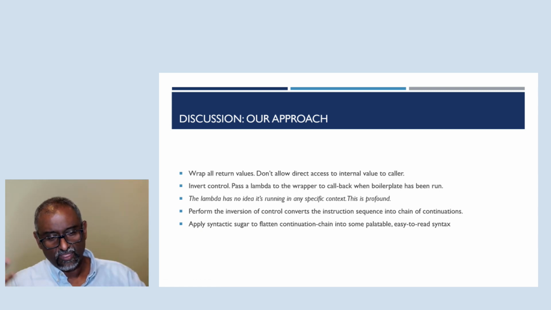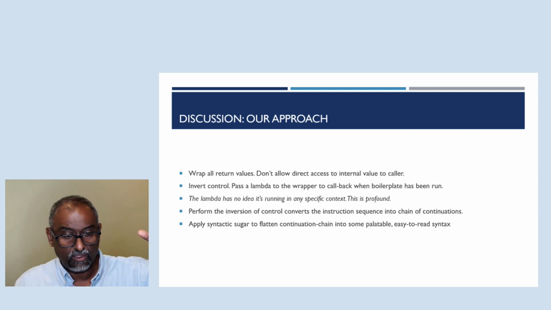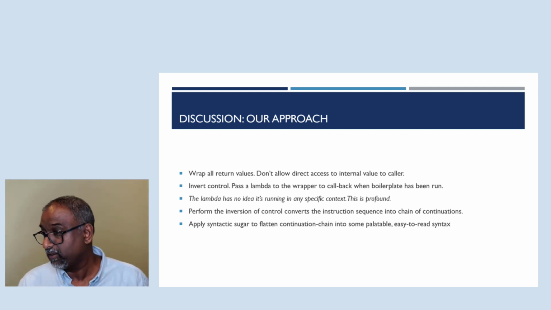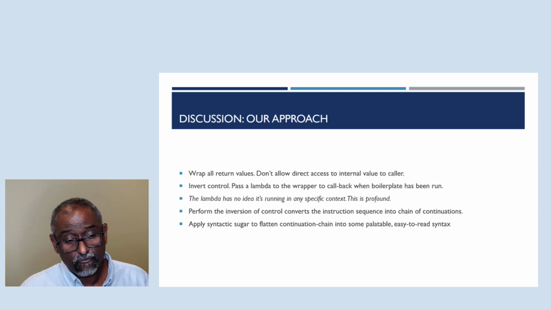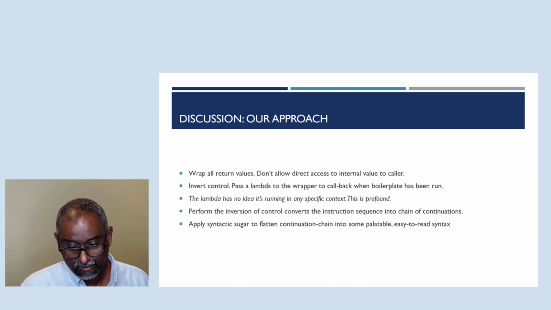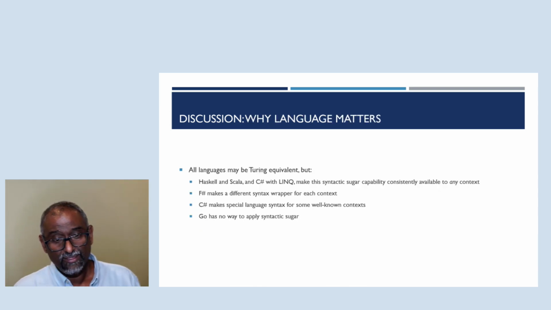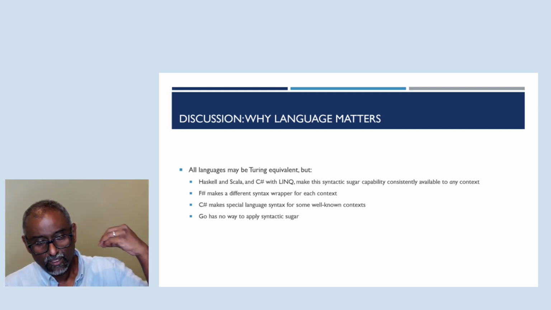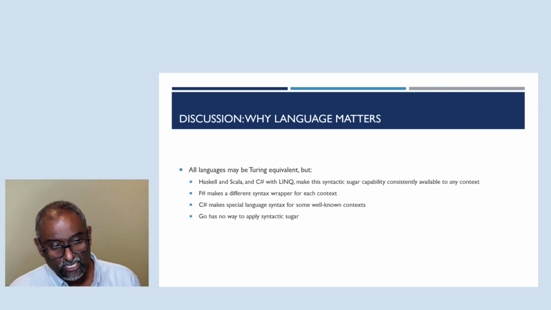Anyway, once you perform the inversion of control, you convert your instruction sequence into this chain of continuations, and then you can apply syntactic sugar to flatten that continuation chain into some palatable syntax. Of course, you can only do that if your language allows you to, which is why programmers with different language proficiencies look at the same problem differently.